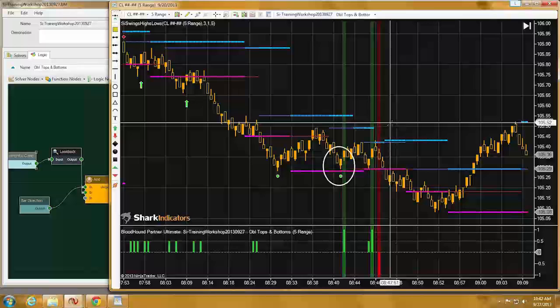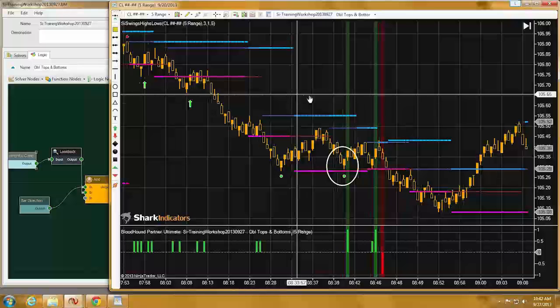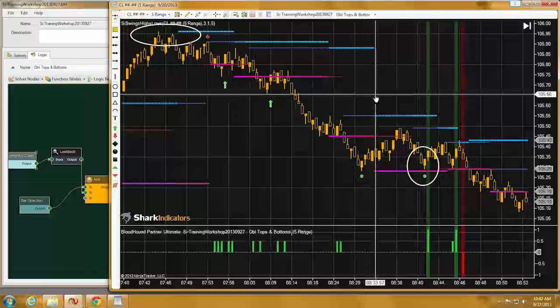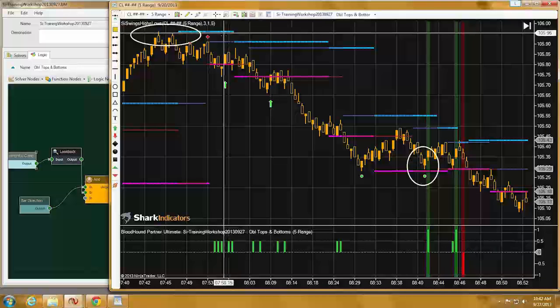So it's subjective as to how much you'd want to clean this up. Initially, you want to start with setting up your swing high-low indicator, since that adds the best filtering for this type of system.